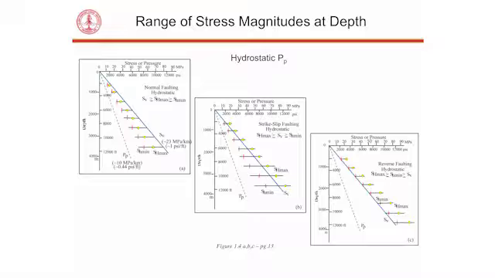We know it's a normal faulting regime, and yet suddenly we know that, at a depth of, well, let's take 3,000 meters or 10,000 feet, the overburden is 3 times 23, that's 69 megapascals, or about 10,000 psi, and the two horizontal stresses are less than that, and the mean stress is something like maybe 7,000 or 8,000 psi, 50, 60 megapascals.